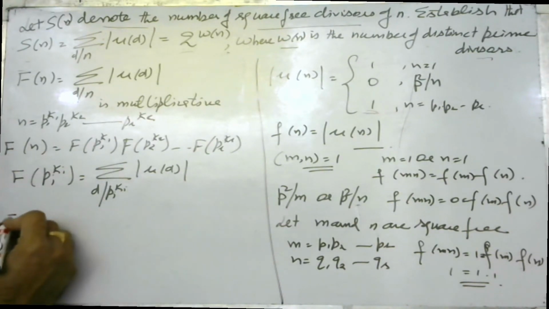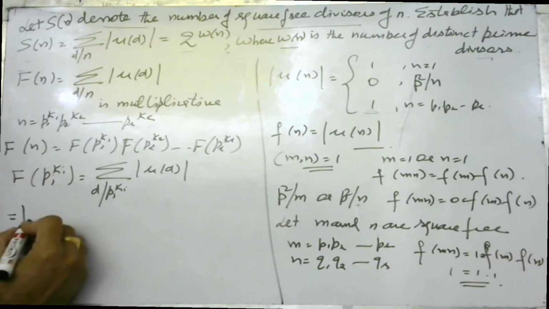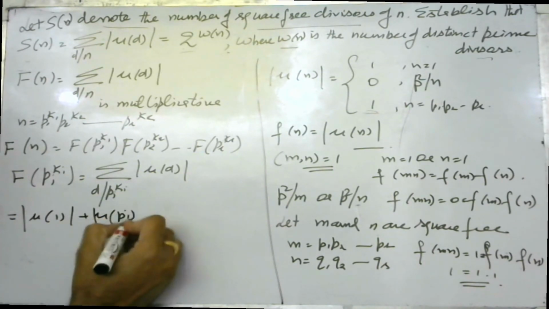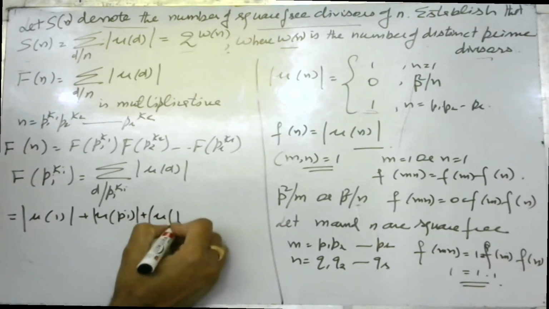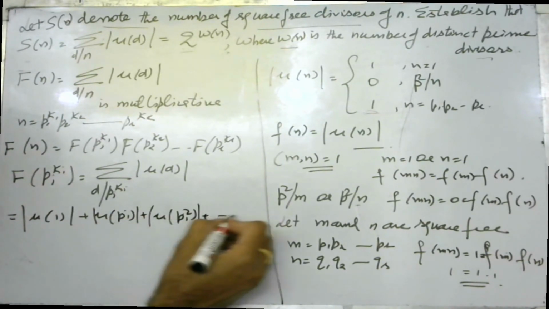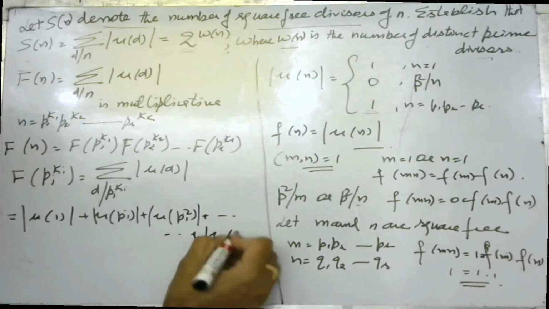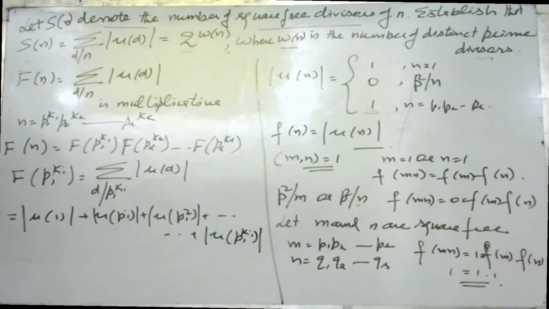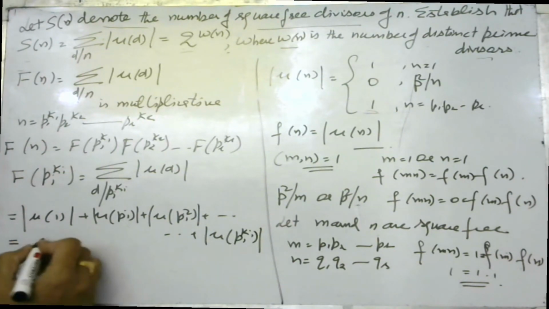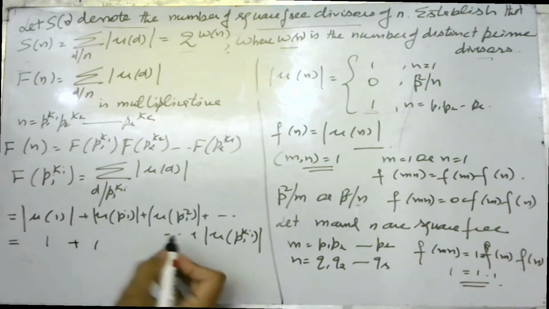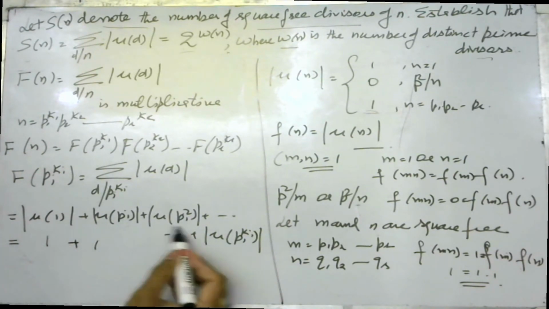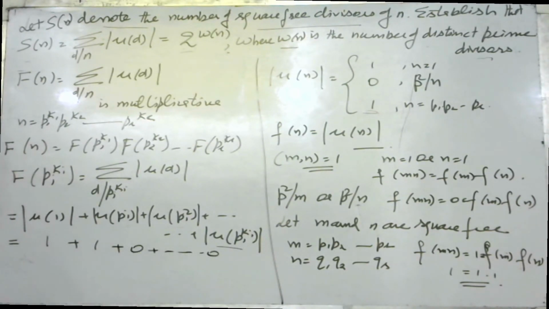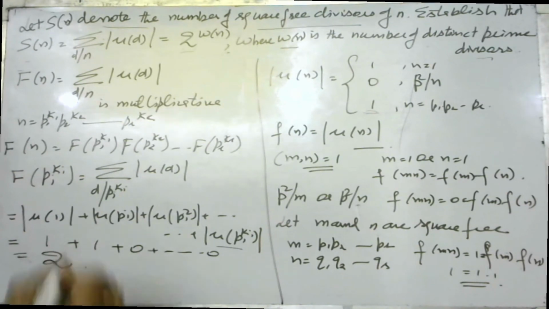So opening all these: μ(1), μ(pi), μ(pi^2), and last is μ(pi^ki). From the definition, its value is 1, 1, and as you know, after p square, all of these become 0. The only possible solution is 2.